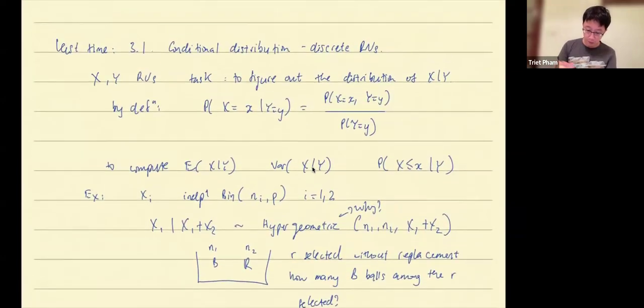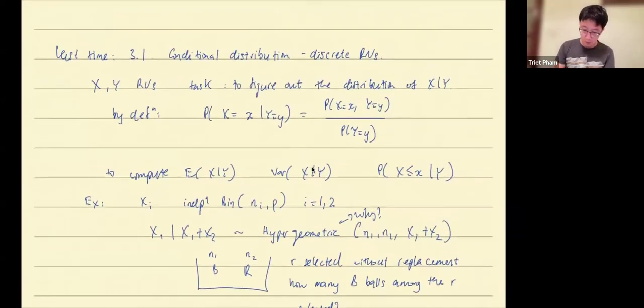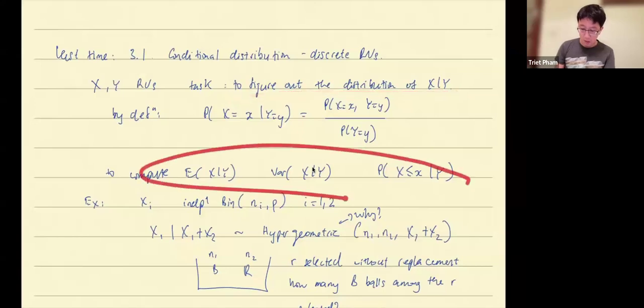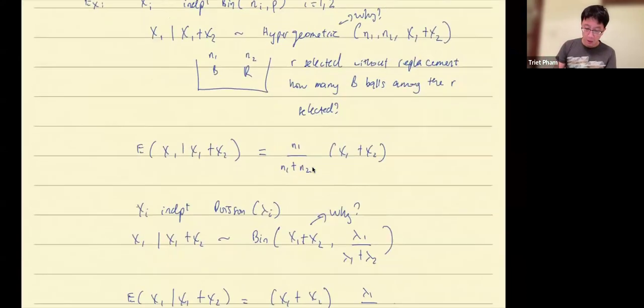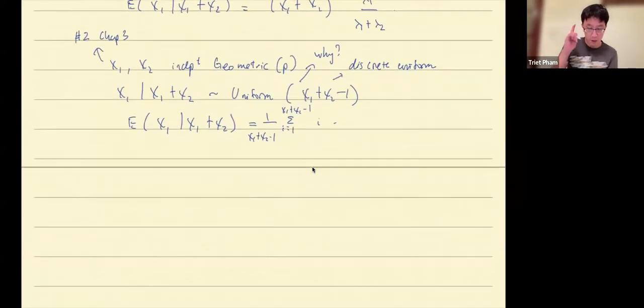Now, to figure out the distribution of x given y so that you can compute this. But a lot of times, this will only be the middle step anyway. The last step could be, and very much will be, to compute, let's say, expectation of x, variance of x, or probability of x equal to x, or less than or equal to x, by conditioning.